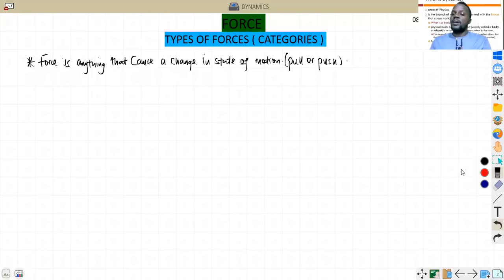So now, when we talk about forces, we have types of forces. Forces are having different types. We classify forces into 4 types. We have what we call the strong forces. We have to up our pace. We have what we call the weak forces. We have what we call the gravitational forces.